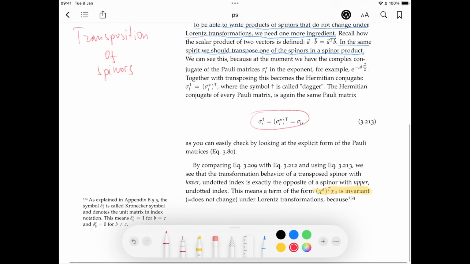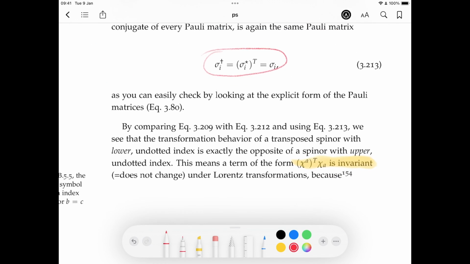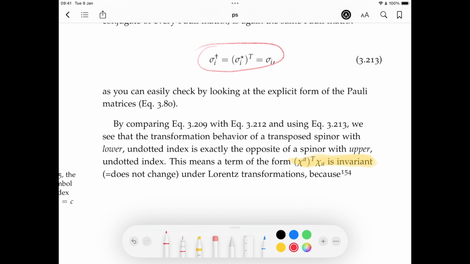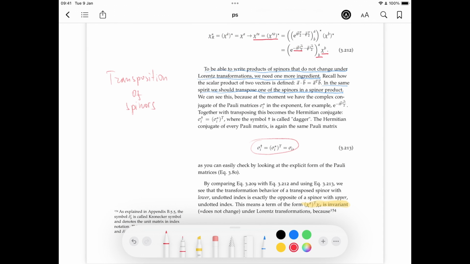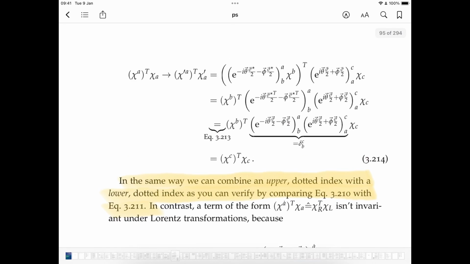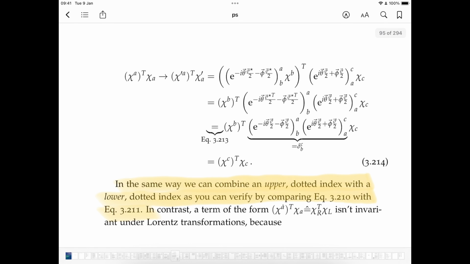And what he does here, let me take a look, he says that, for example, we can use this term, with a top index transposed, combined with the other spinor, and it won't change. Why? Let's take a look at what will happen. If we combine two spinors, a right conjugated spinor, transposed, plus a left spinor, then the combination will be invariant, so we will be able to include it in our Lagrangians, and they won't change. Why?